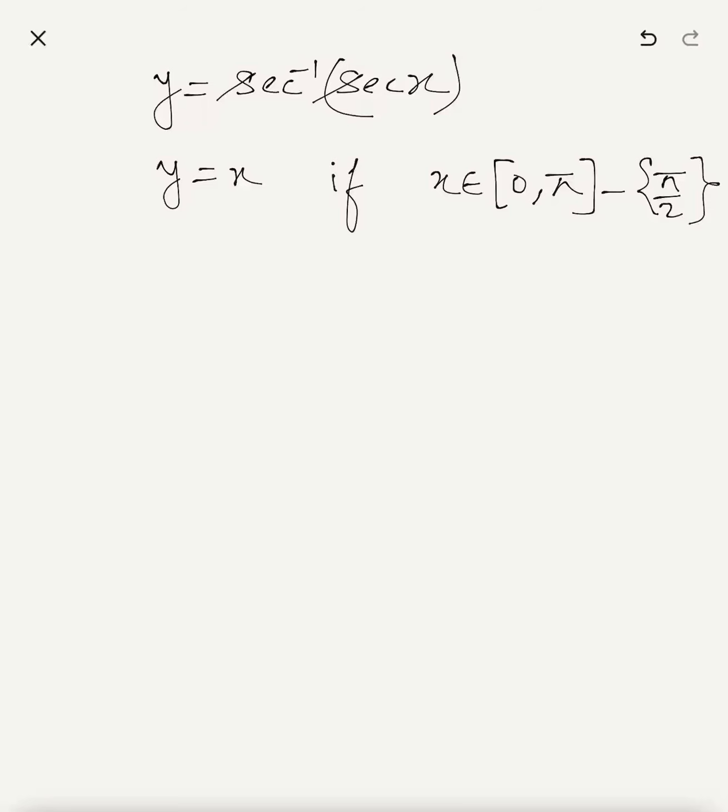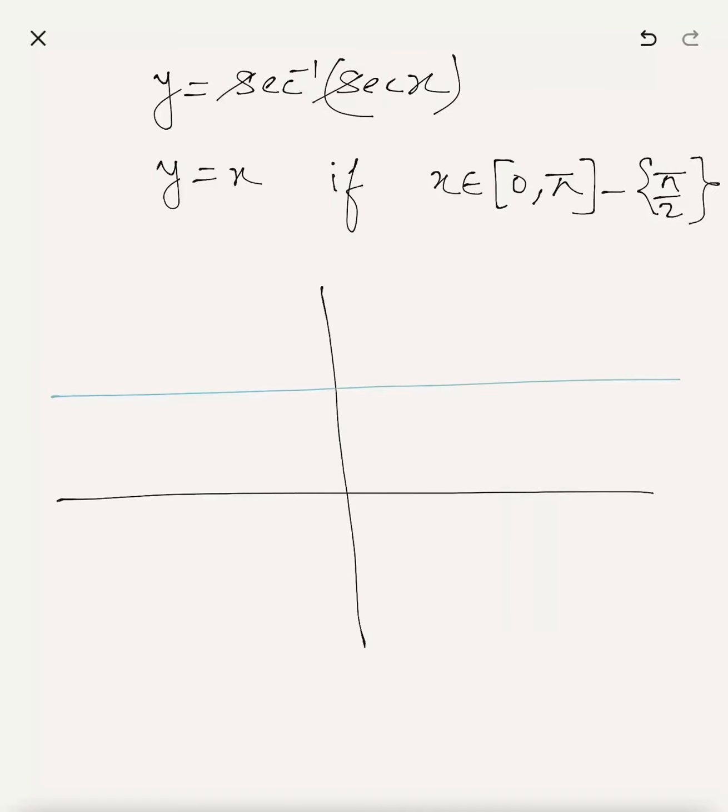Just repeat it. Your boundary is from 0 to pi. Draw it. This is your boundary, 0 to pi, and both are included.